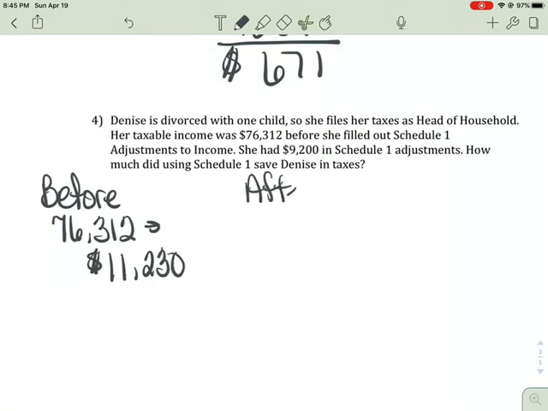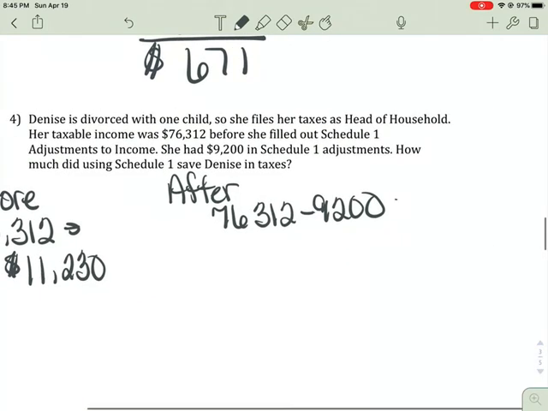All right, so after she takes her deductions, we have to figure out how much her income is then. So 76,312 minus 9,200. Okay, so her taxable income is 67,112.